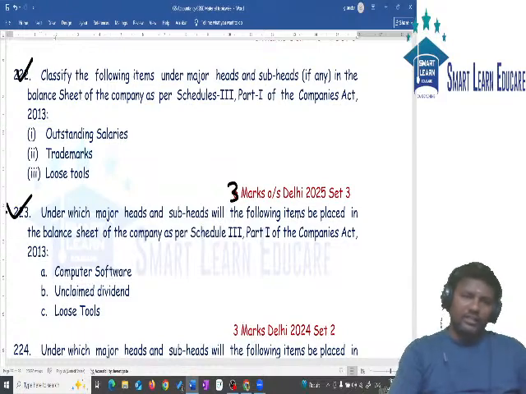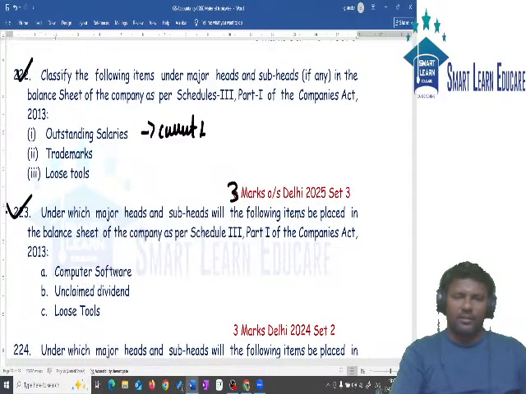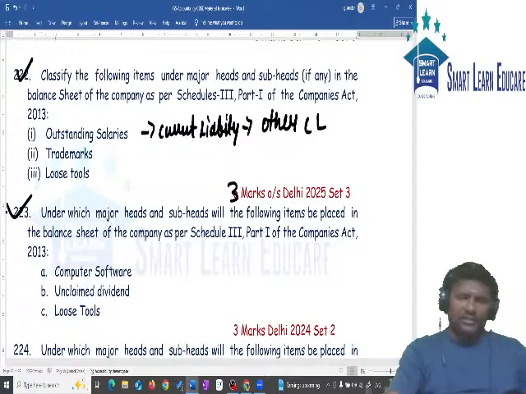No, outstanding salary is a current liability. Under current liability, it will come under other current liability. It is not an asset, it is a liability. Outstanding salary means you have to pay it.